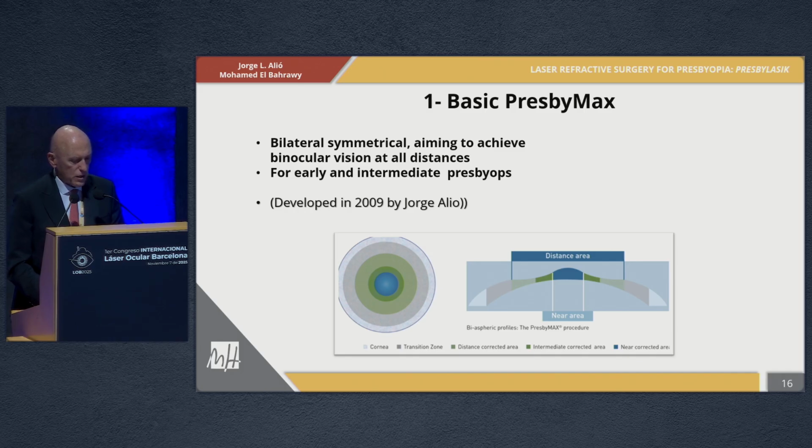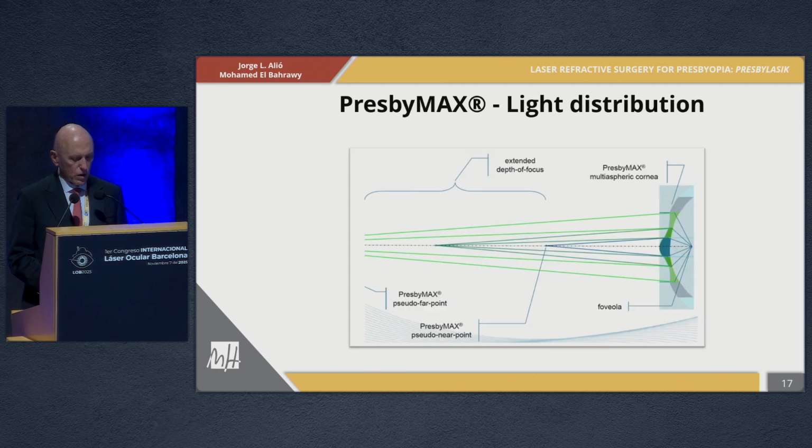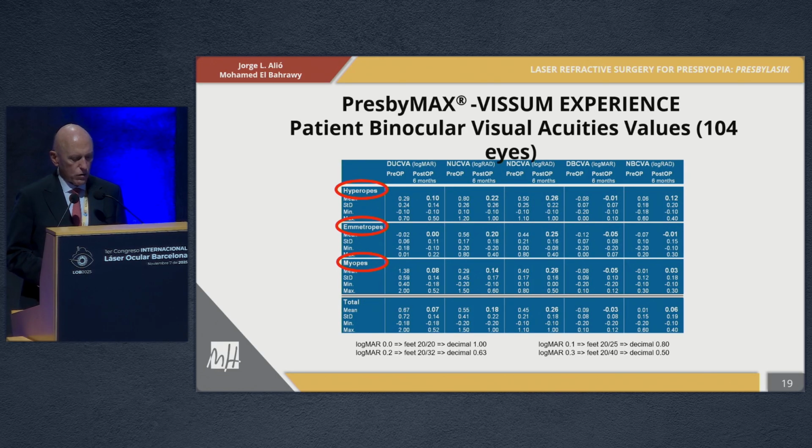The basic Presbymax consists in inducing that central hyperpositive change, which is synergic with the pupil. So it's a pupil-dependent technique, and it increases 1.5 diopters in the central cornea, creating a biaspheric or central aberration respecting the peripheral cornea. So there's a light distribution which is identical to a trifocal lens.